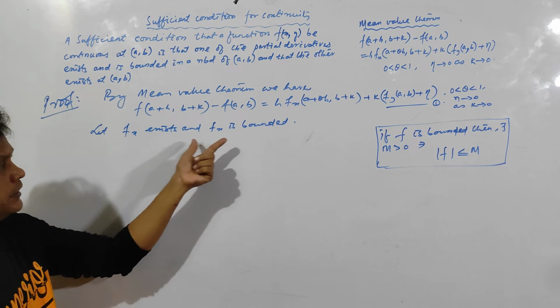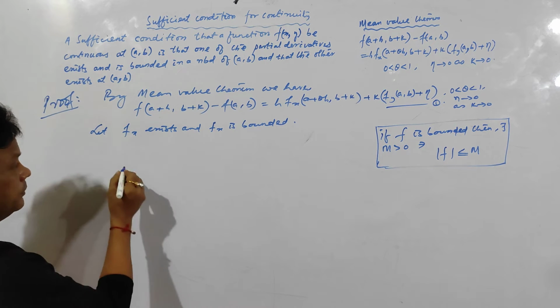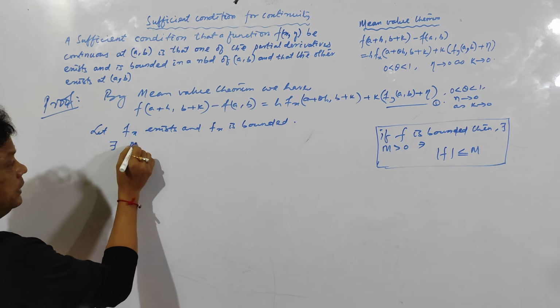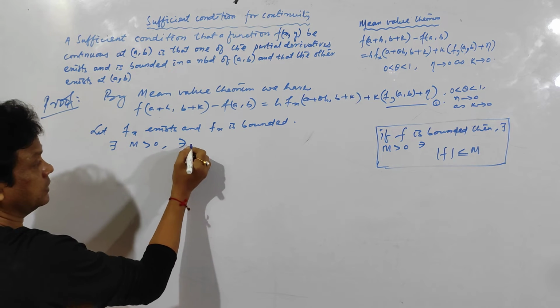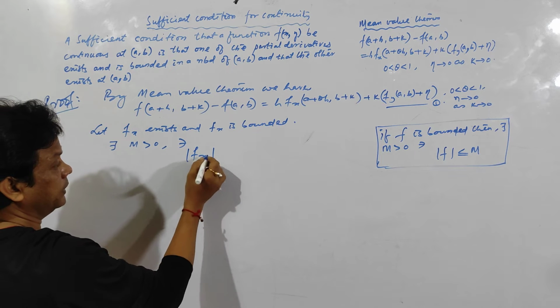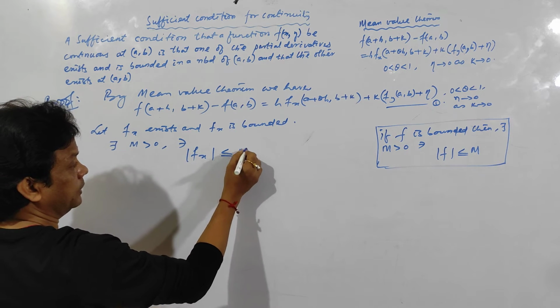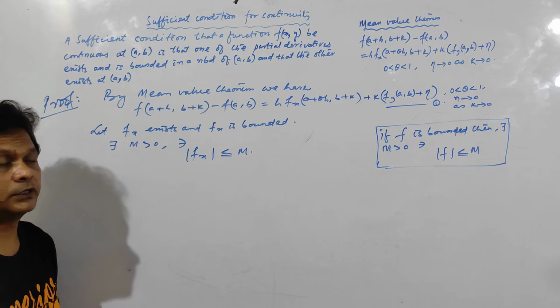See here, fx exists and fx is bounded. Fx is bounded means there exists M greater than 0 such that mod fx is less than or equal to capital M. Clear?